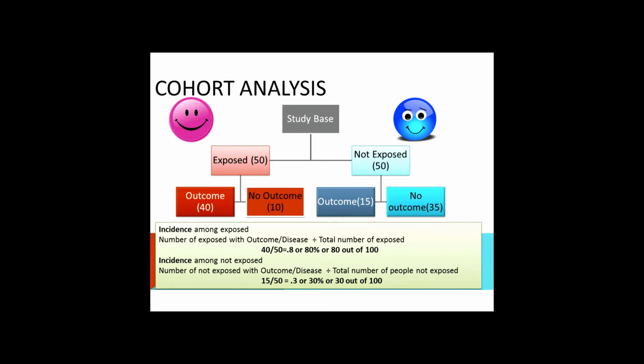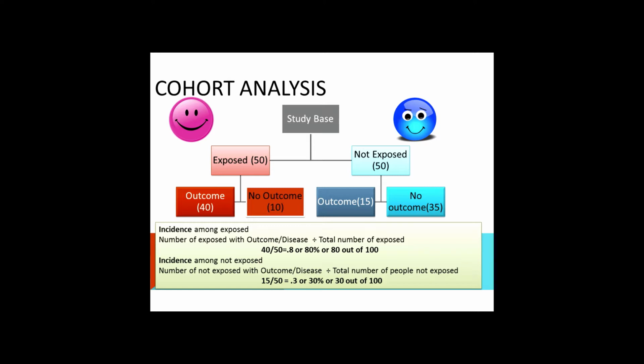So 40 over 50 is 80%. The incidence among the not exposed: our unexposed group was 50, and 15 out of 50 people developed the disease, or 30% developed the disease.